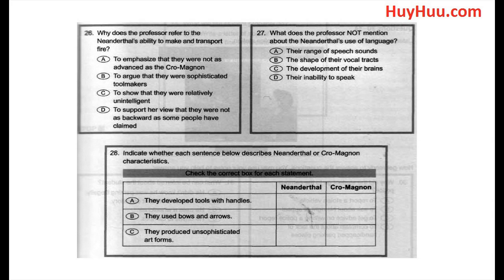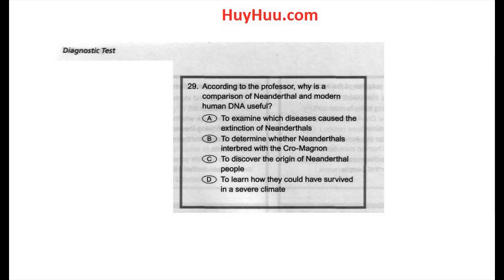Indicate whether each sentence below describes Neanderthal or Cro-Magnon characteristics. According to the professor, why is a comparison of Neanderthal and modern human DNA useful?